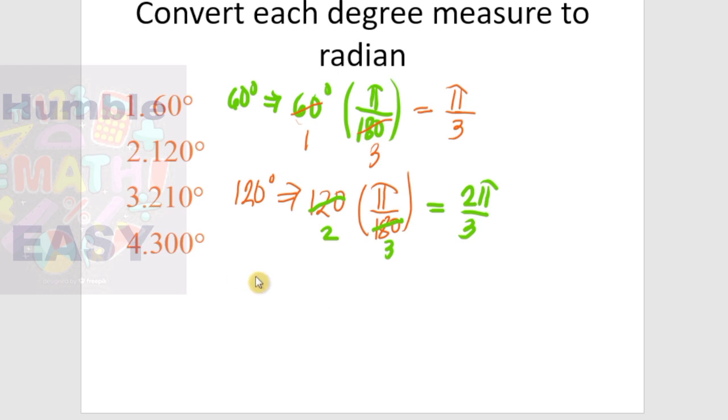Then if we have 210, again 210 pi over 180. This is divisible by 30.